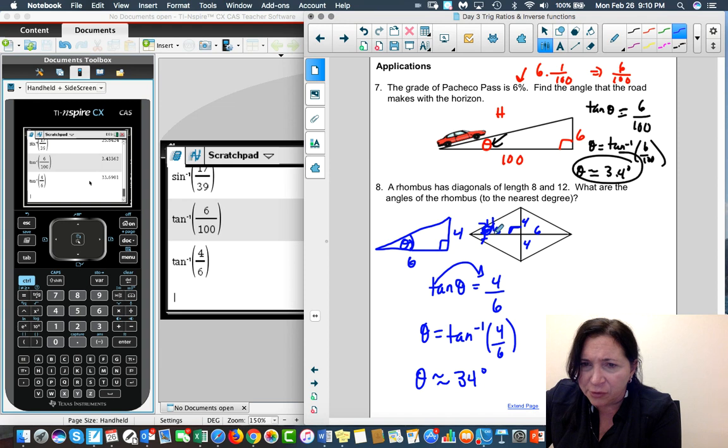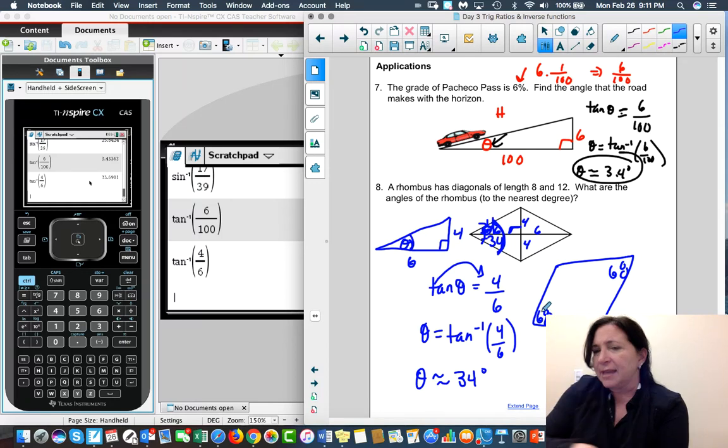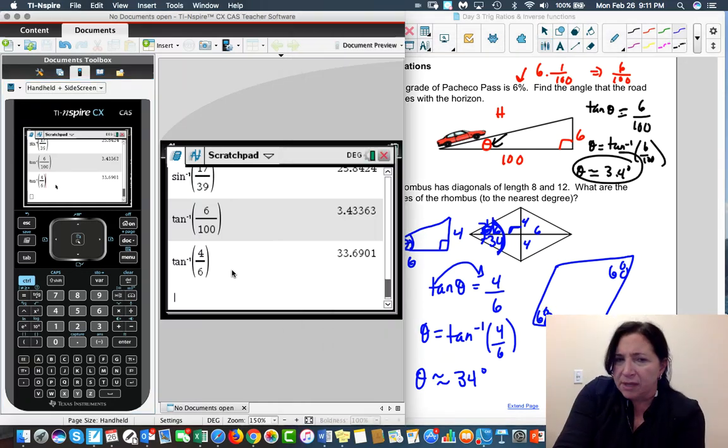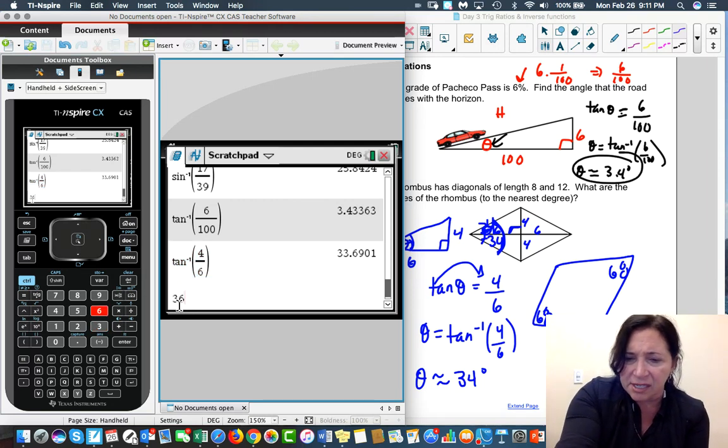So if this is 34, that's also 34, which means that this whole angle here is 68. If I were to redraw the rhombus, I would get 68, and that would be 68 also. And keep in mind, because it is four-sided, the sum of the angles is 360 degrees.